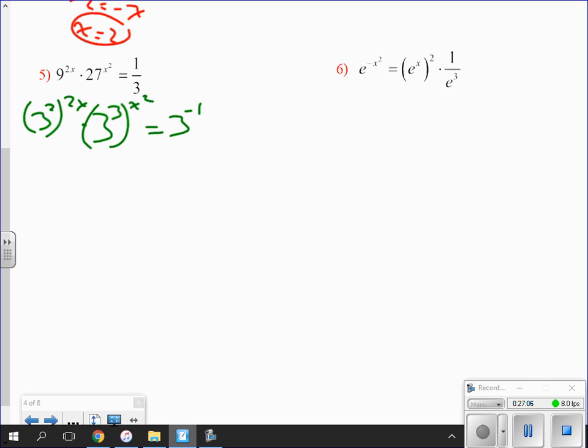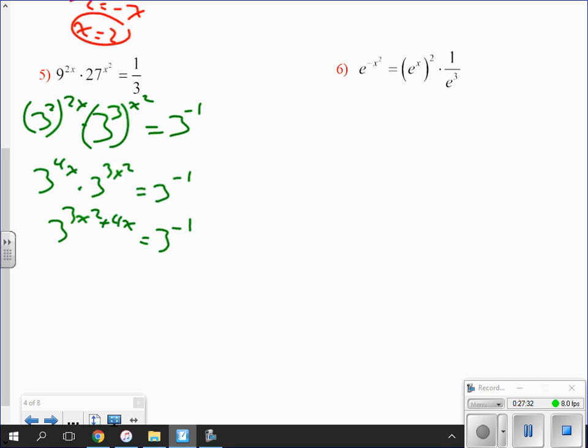I got 2 of them. What do I do here to combine them up? I add. First I distribute, then I'm going to add my exponents. So I have 3 to the 4x times 3 to the 3x squared equals 3 to the negative 1. This is 3 to the 3x squared plus 4x equals 3 to the negative 1.